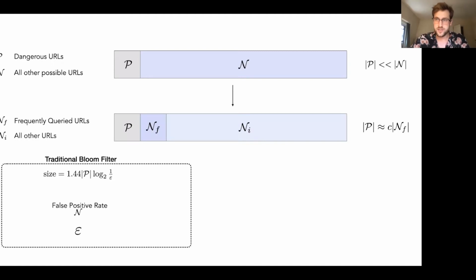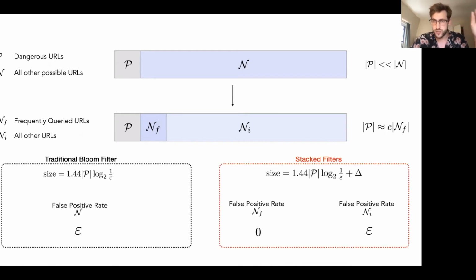The way stacked filters moves beyond this theoretical optimum is by changing the way we look at the domain. Here, we're going to break apart the negative set into NF and NI. NF is the frequently queried negatives, and NI is the infrequently queried negatives. We're going to assume that this frequently queried negative set is roughly proportional in size to the positive set, where we generally use a heuristic that it can be up to 100x as large as the positive set.